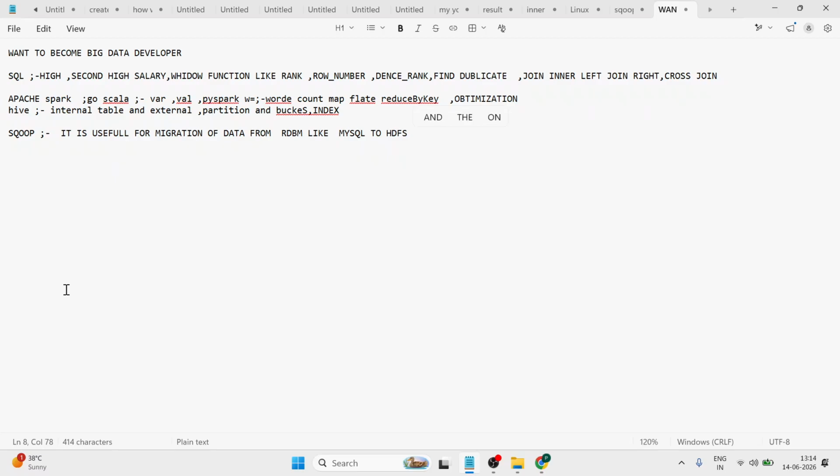Here we use an external source. So in here, two things we will migrate from one to another with Sqoop.